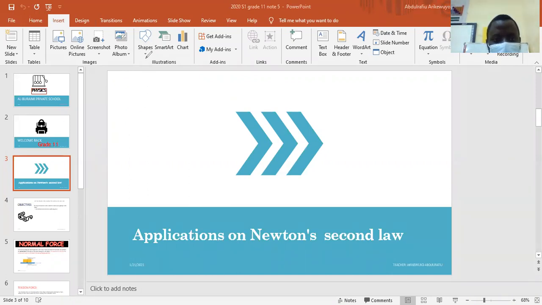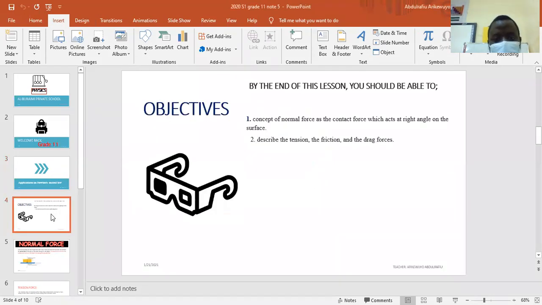Now, what are the objectives that we are going to cover in this lesson? We'll be talking about the concept of normal force as the contact force which acts at a right angle on the surface. We are going to explain what normal force is and understand how to apply it in real life situations.